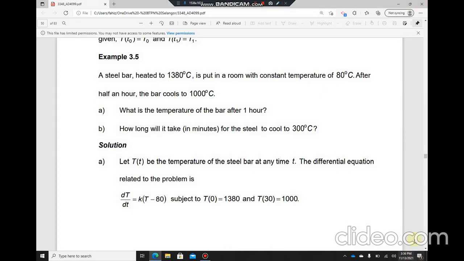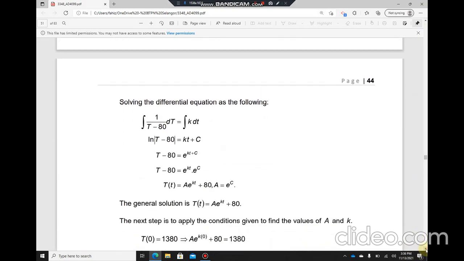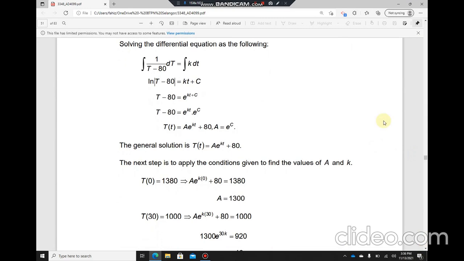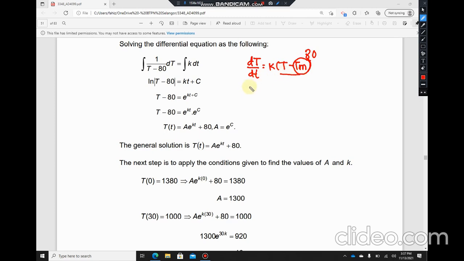Since you have all the information, we solve the differential equation as follows. We write the equation starting with dT/dt equals k(T minus Tm), and we still do this step. Here Tm we can substitute with 80 from the information given, since room temperature is 80 degrees. The step is the same: we bring this over, and it becomes 1/(T minus 80) dT equals k dt.